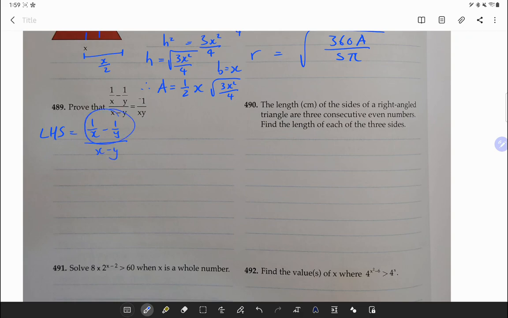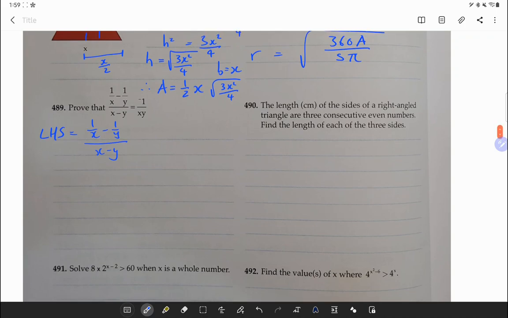Let's do that subtraction first. So again, without explaining it too much, I should get x minus y over xy, and that'll be there over x minus y.